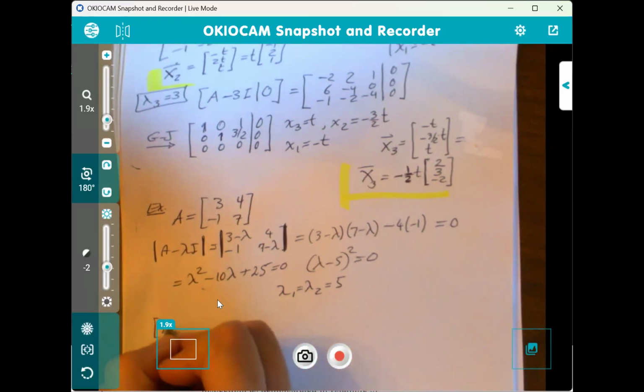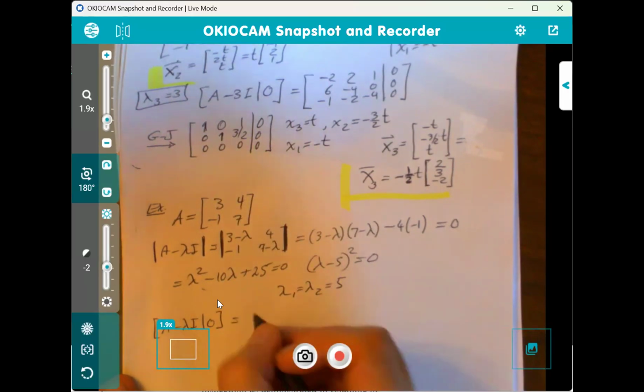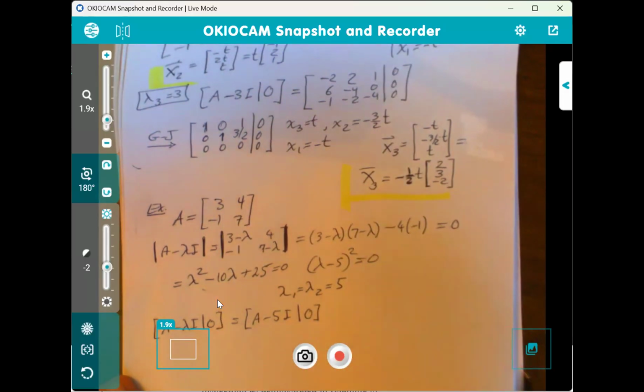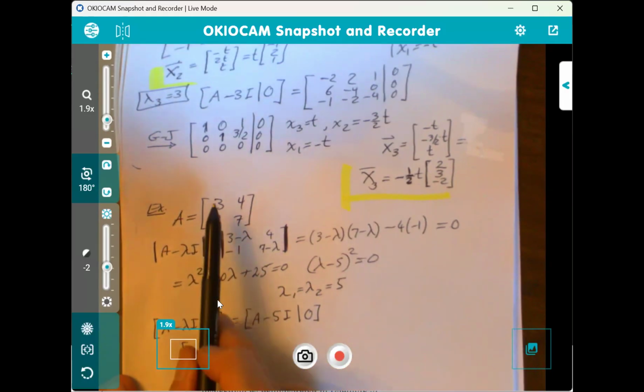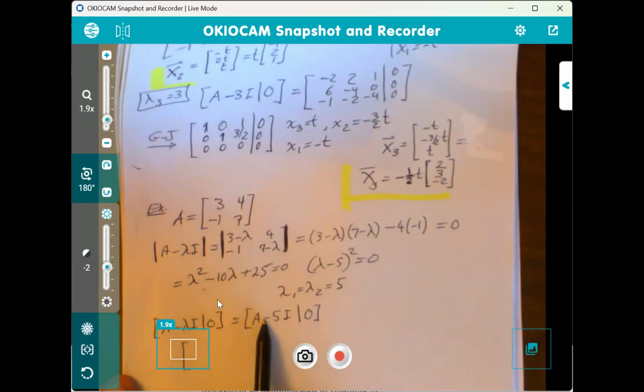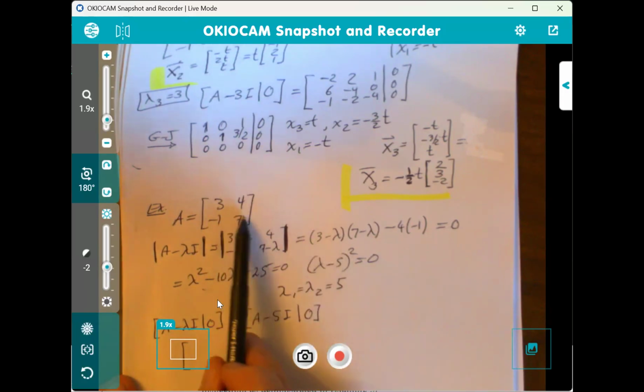So when we do A minus lambda I, solve the homogeneous system, which would be A minus 5I, we're going to get A, remember, is 3, 4, negative 1, 7, minus, it's going to be 3 minus 5 and 7 minus 5.